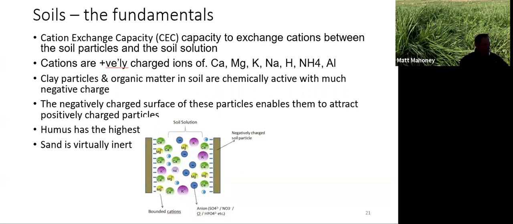Sand, on the other hand, remember it's a much larger particle as well. It has no real electrical charge. And this is important for us to remember too.